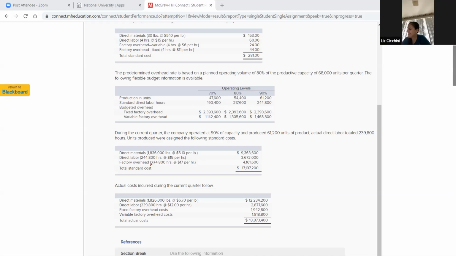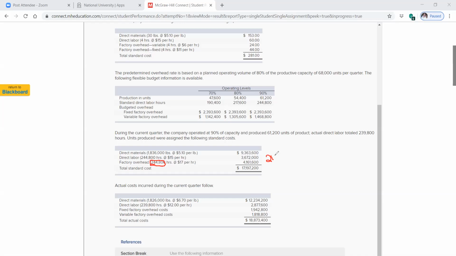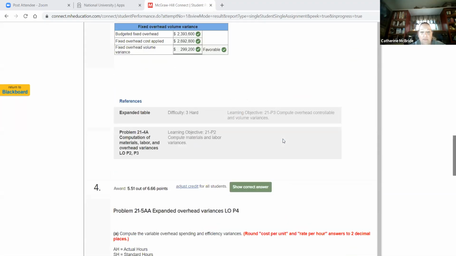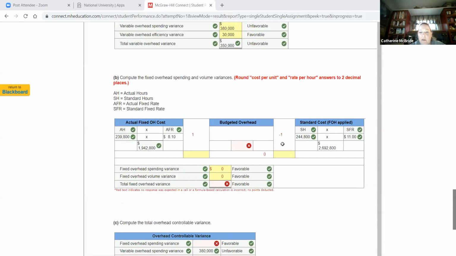Oh, thank goodness. Okay, so here's the budgeted hours. So I'm figuring out, okay, so this is the data we're using. So we're doing the fixed overhead.